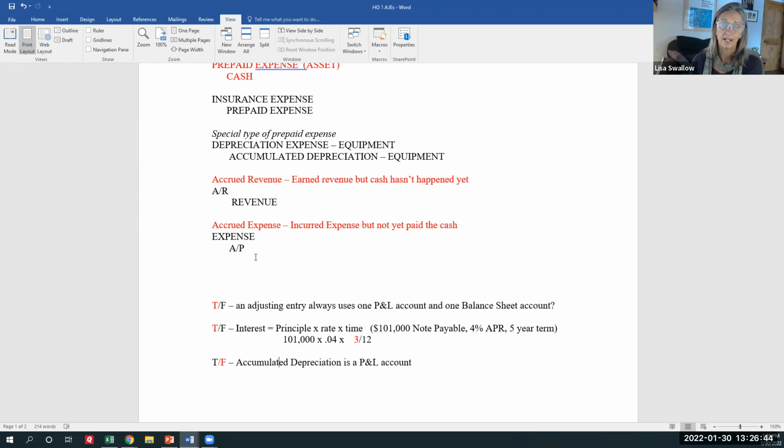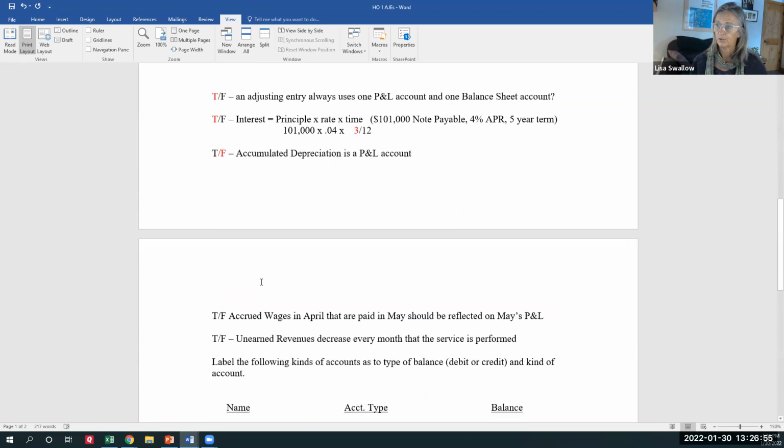So I need to make an AJE at the end of the month to debit expense and credit, in this case, wages payable, right? So this is false. It's not reflected on May's P&L. It's going to be reflected on April's P&L.